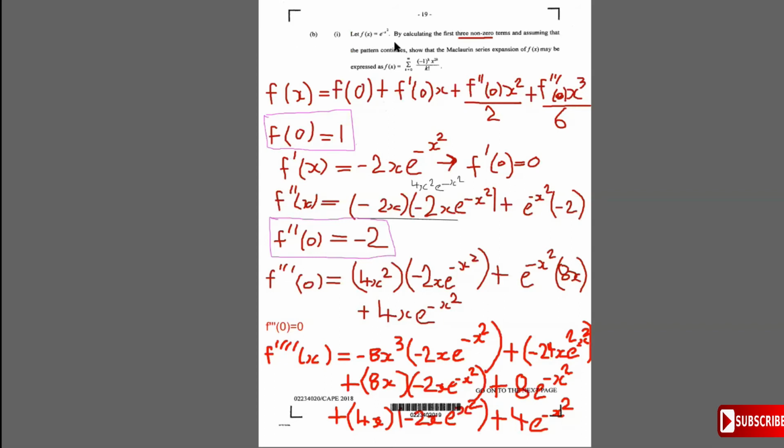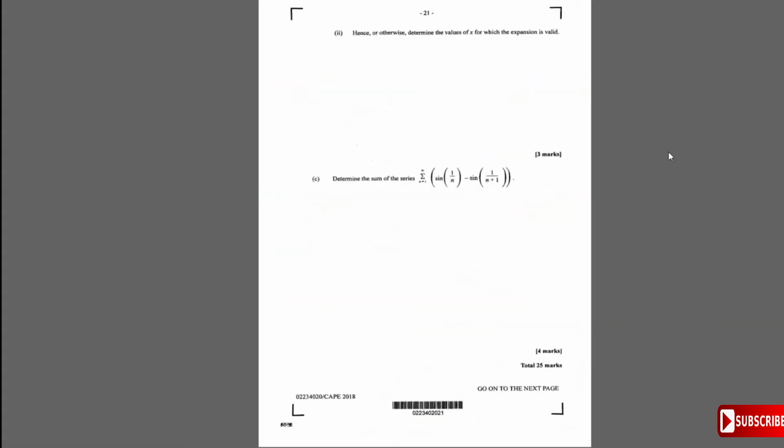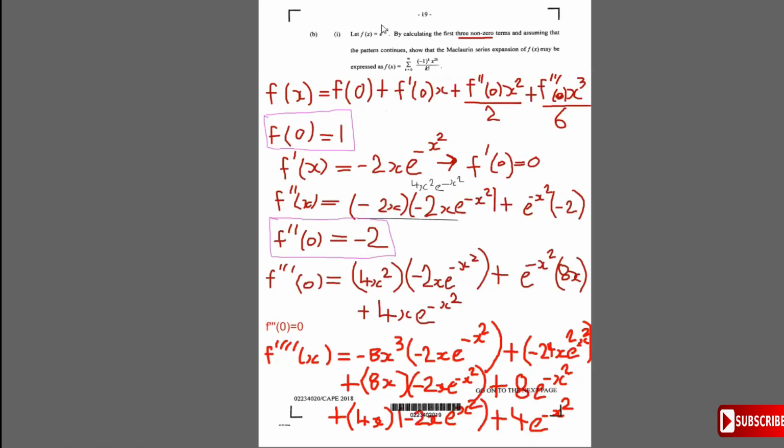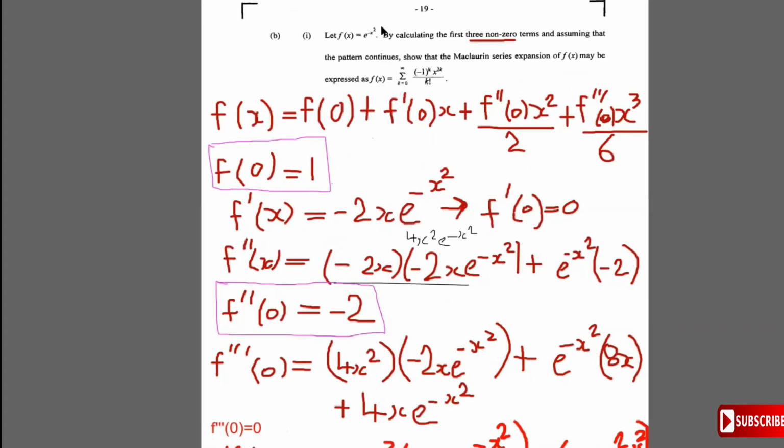This is an exponential function, and so this should be valid for, and it said hence or otherwise. Okay, otherwise. So we can go otherwise as well. So this expression, this is f of x, e to the minus x squared.